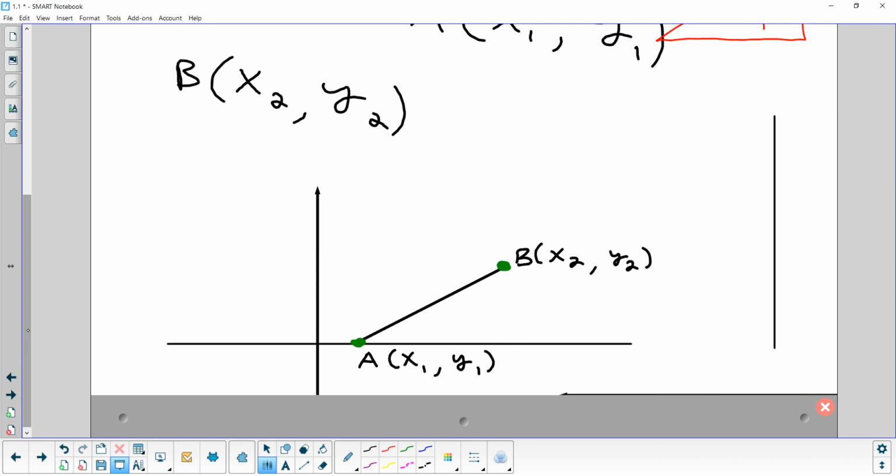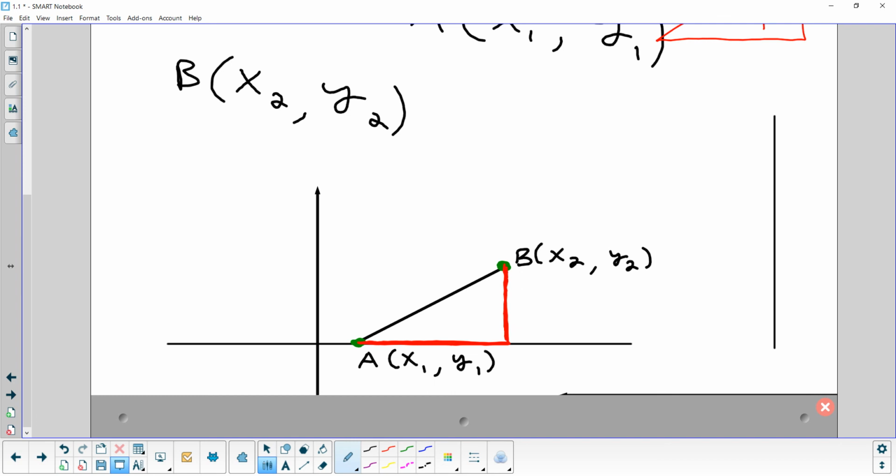So in order to find that, we're going to break it down into two distances that are easier to find. This distance, which is supposed to be vertical, and that distance. Now directly, that doesn't really help. That's not the distance between A and B. But this is easy to find.